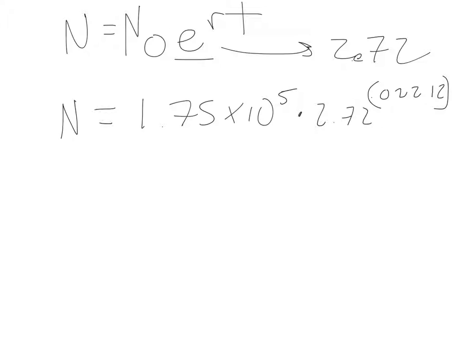And so when we do that, putting it into the calculator, you should have gotten an N, or new population of ants, at 227,872 ants.